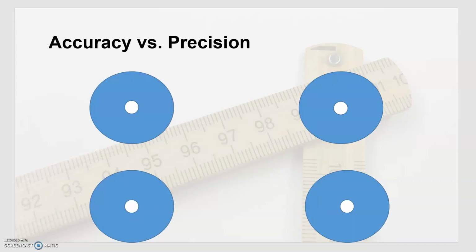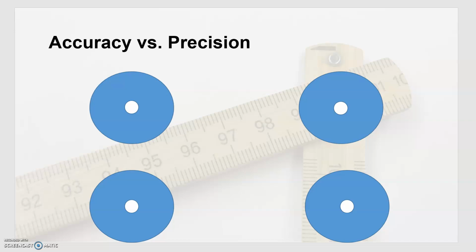All right, accuracy versus precision. So accuracy represents how close to the actual mark you are, what the true value is. So if you take a measurement and it's very close to what is expected, then that's accuracy. Now precision represents reproducibility. So we have these 4 marks here, and the white dot in the middle is, say, the true measurement.